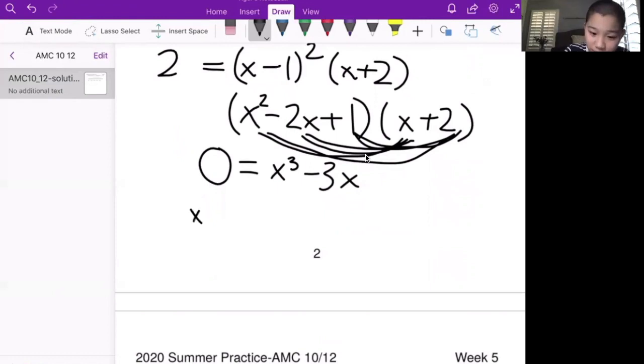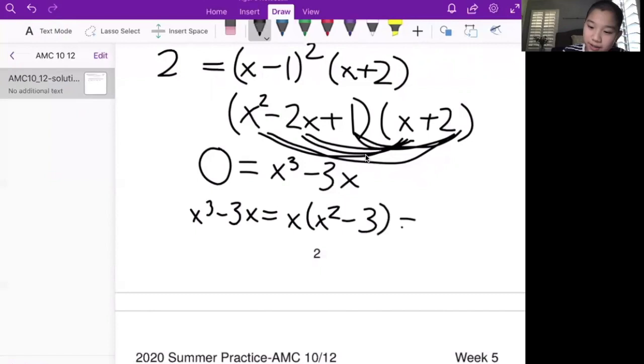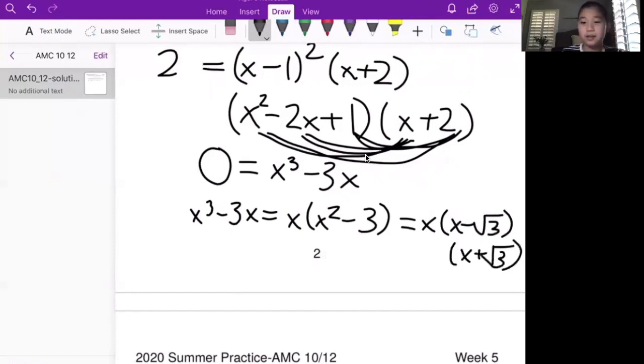So x cubed minus 3x is equal to x times (x squared minus 3), which is equal to x times (x minus root 3) times (x plus root 3), simply because the roots of x squared minus 3 are positive and negative root 3.